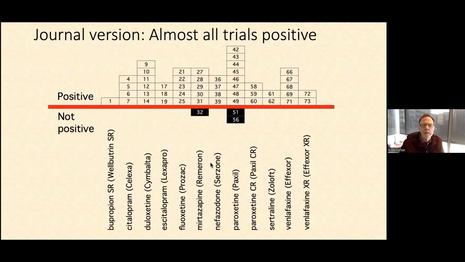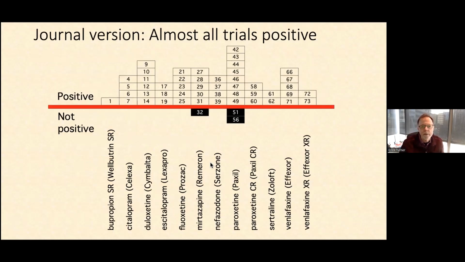So here is a figure that was not in the New England Journal, but it's sort of a summary of it. This is how it looks based upon one's reading of the journal articles.